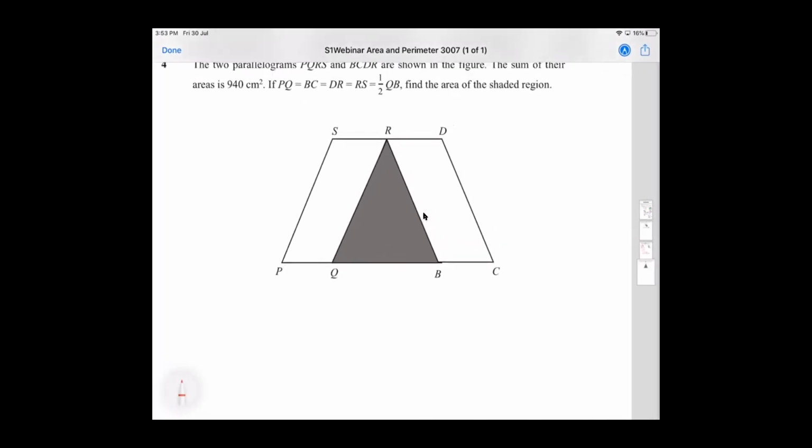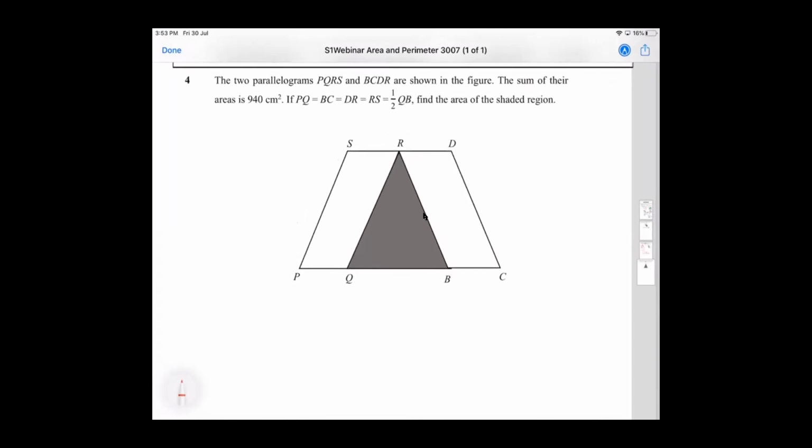Okay, question number 4. The 2 parallelograms PQRS and BCDR are shown in the figure. This one and this. They are parallelograms.